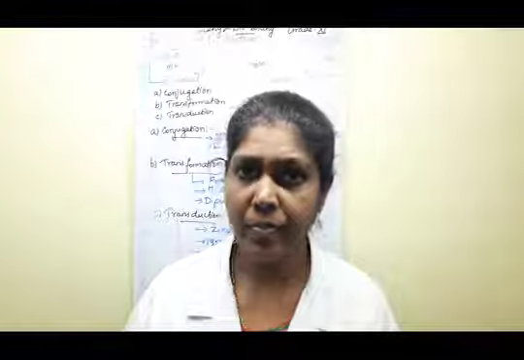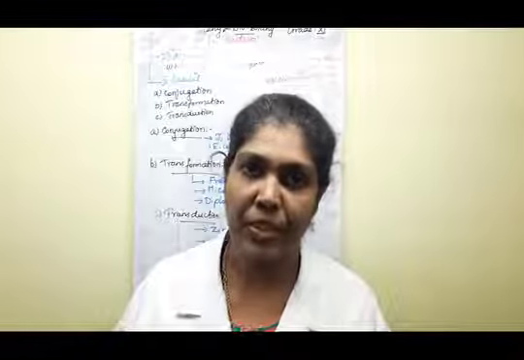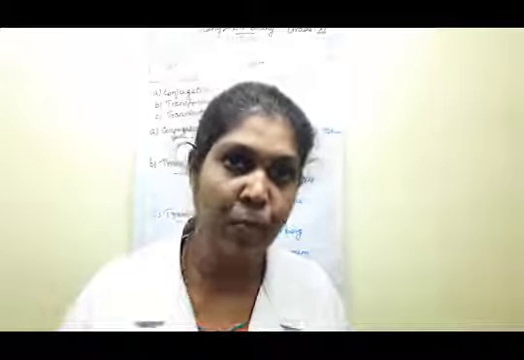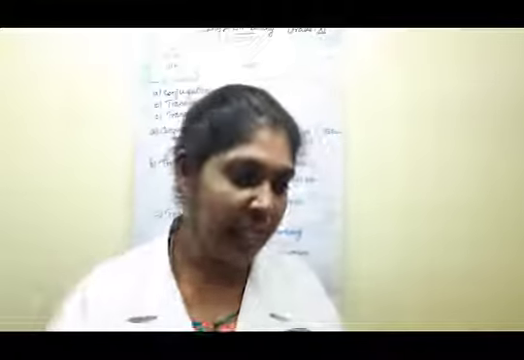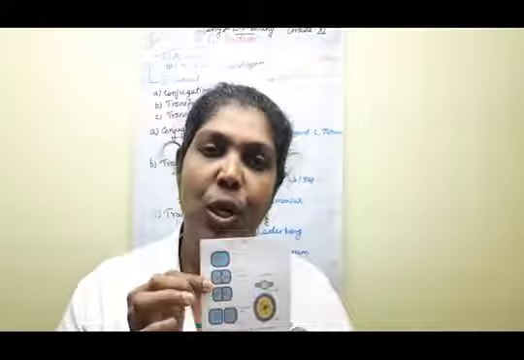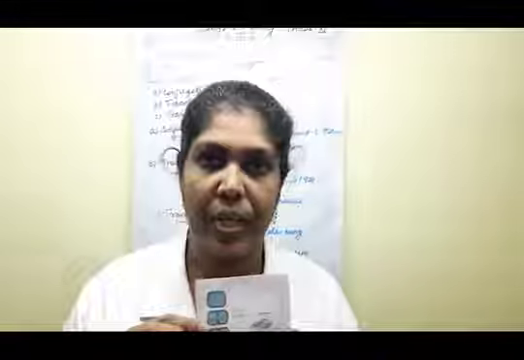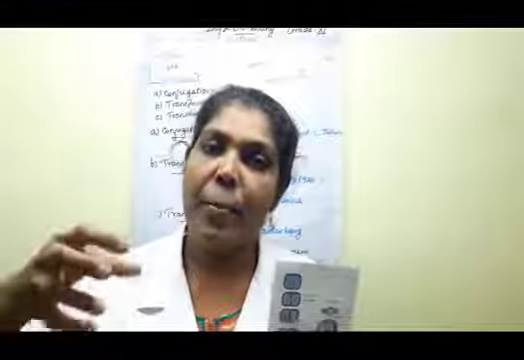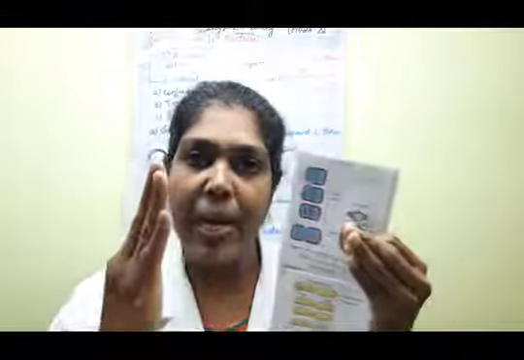Binary fission. During an unfavorable situation, bacterial cells produce endospores. In a favorable situation, asexual reproduction takes place by binary fission. How does it take place? In binary fission, first the nuclear material divides into two.